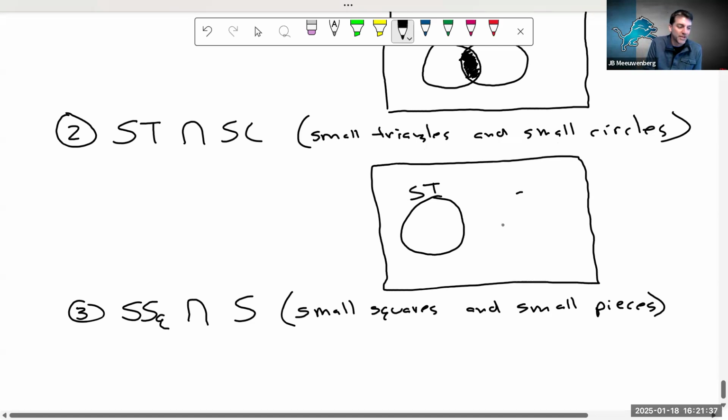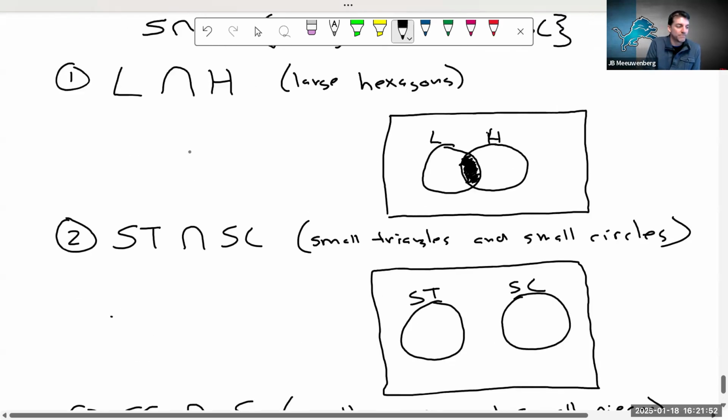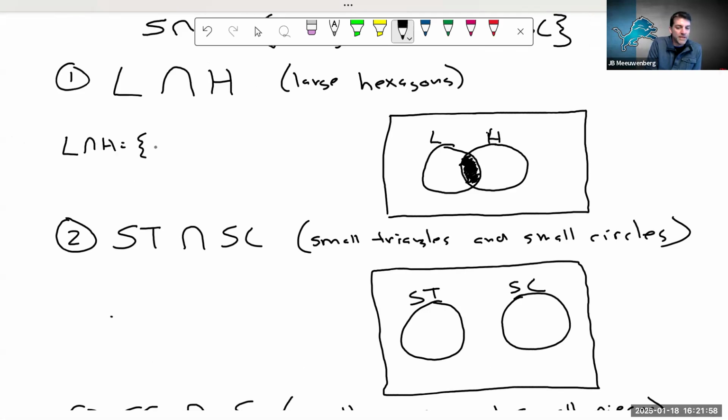Small triangles would go here, small circles would go there, and nothing would be shaded because they had no common elements. So one thing you can say is that if we go back up to this first one, I didn't do this before, but if you did list them out, L intersect H would be equal to large blue hexagon, large red hexagon, and large yellow hexagon.